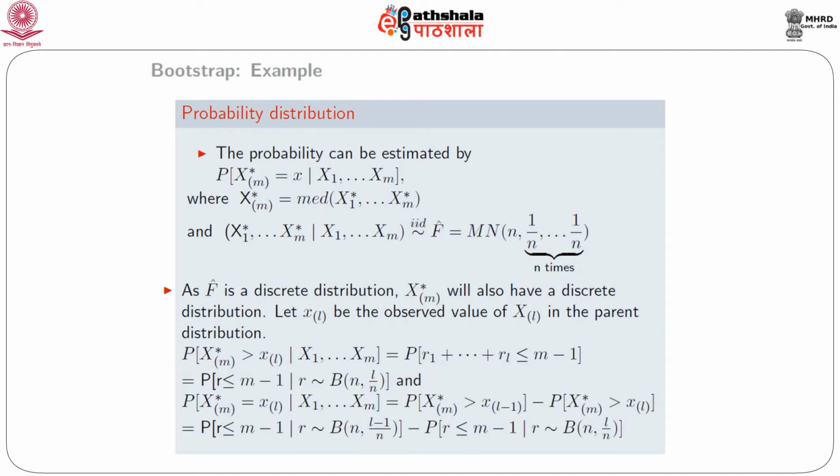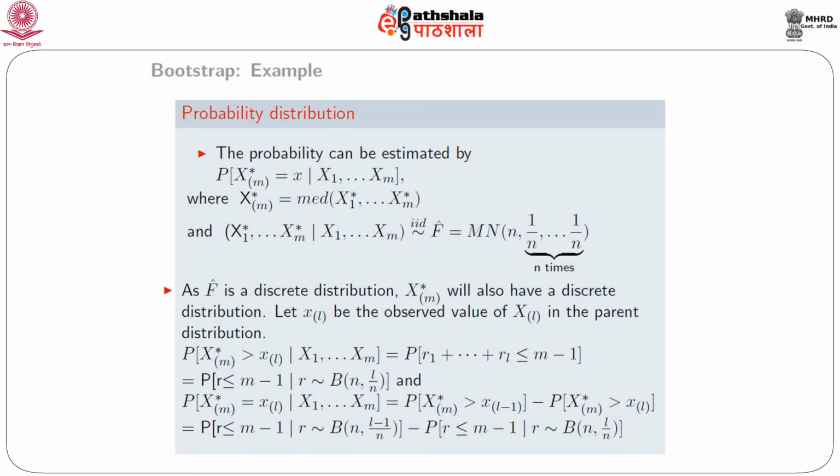So, that is equal to the probability R less than or equal to m minus 1, given R follows Binomial(n, (l-1) by n), minus the probability R less than or equal to m minus 1, given R follows Binomial(n, l by n). So, from here I can find the probability distribution of xm star.